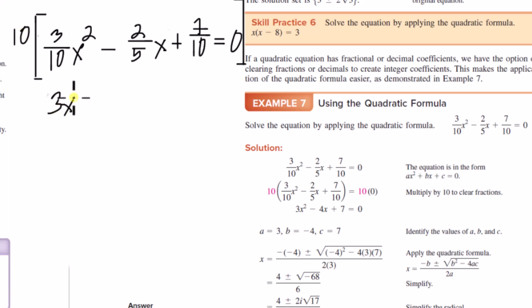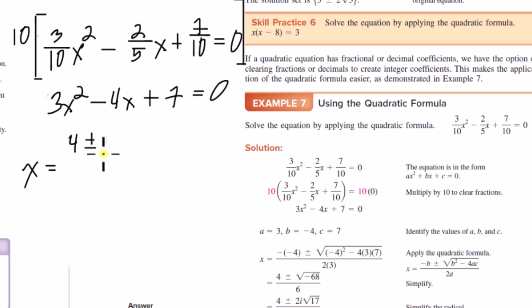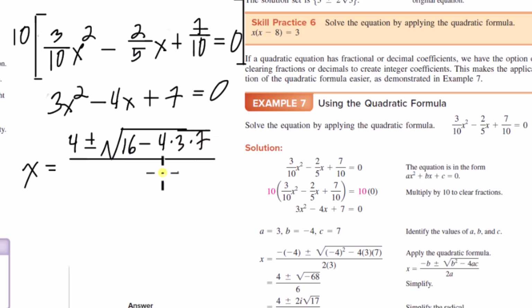So we've got 3x squared minus 4x plus 7 is equal to 0. And so just apply the quadratic formula. Minus b would be positive 4 plus or minus the square root of b squared minus 4 times a times c, all over 2 times a.